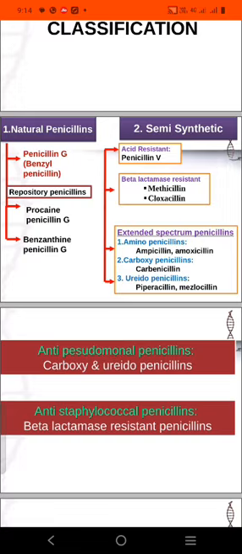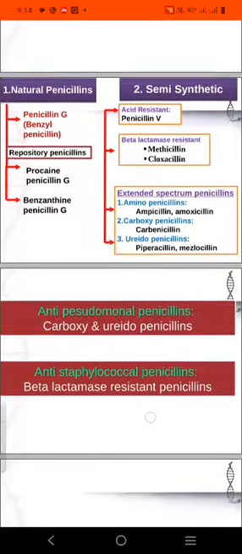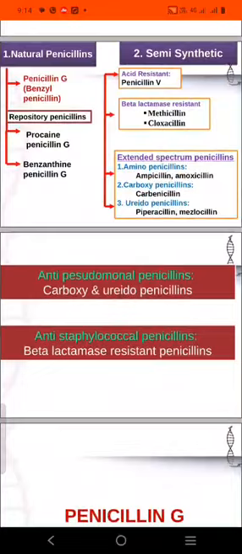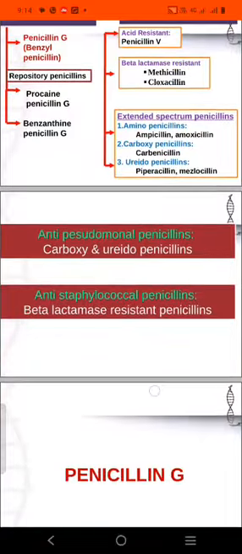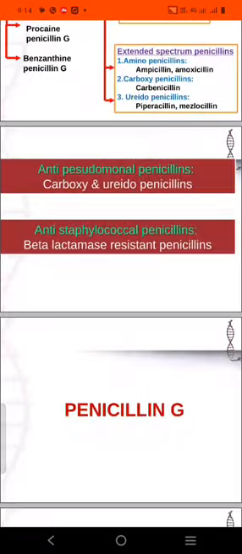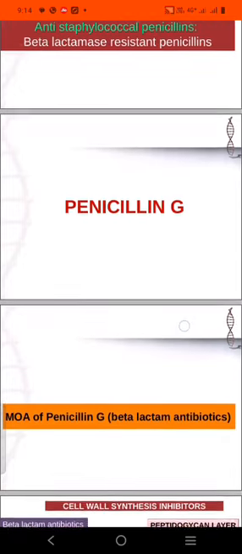And anti-pseudomonal penicillins, that is carboxypenicillins and ureidopenicillins, are effective for pseudomonas infections. Anti-staphylococcal penicillins, that is beta-lactamase resistant penicillins, because staphylococci produce an enzyme called beta-lactamase or penicillinase.